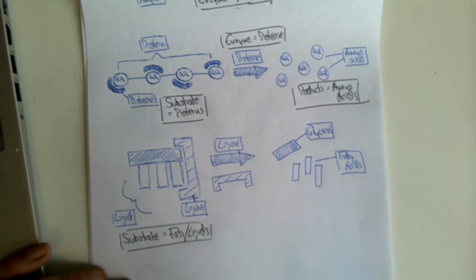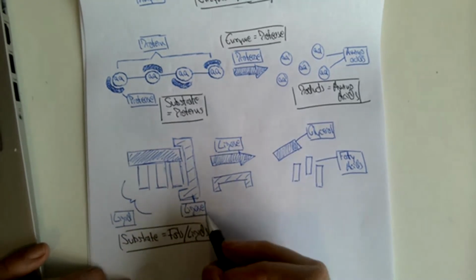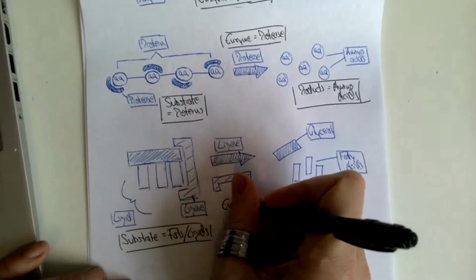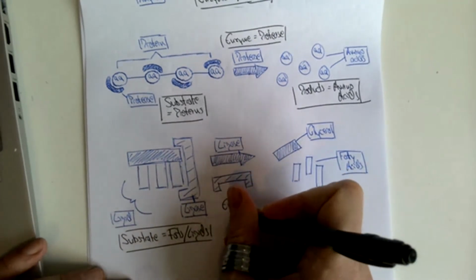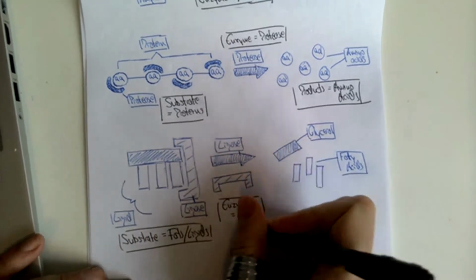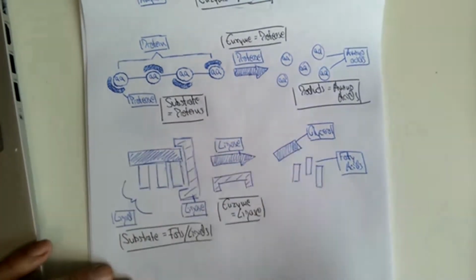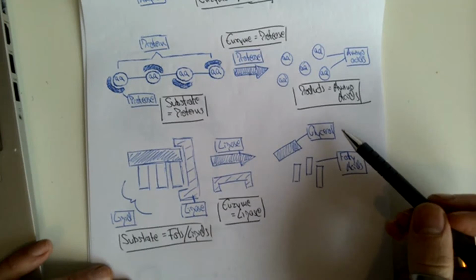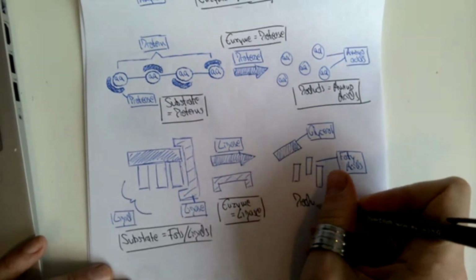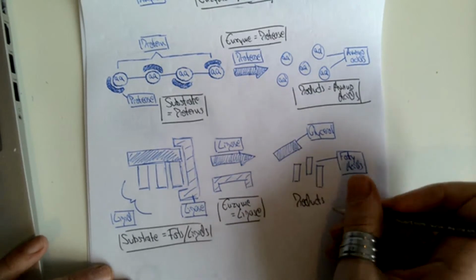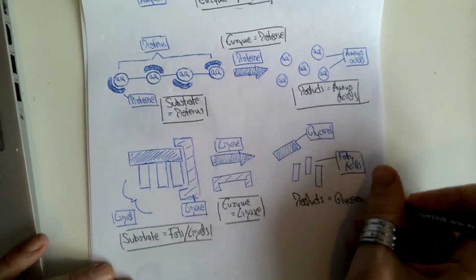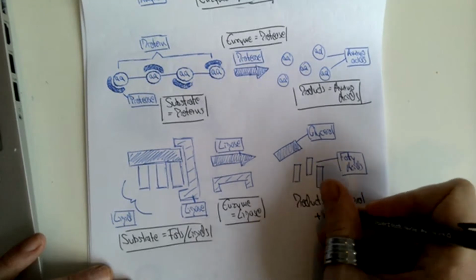Now they bind with our enzyme lipase. So our enzyme here is lipase, and the lipase acts to break down the fat into its two constituent parts, glycerol and fatty acids. So the products that are produced when we digest fat from the food that we eat are glycerol and fatty acids.